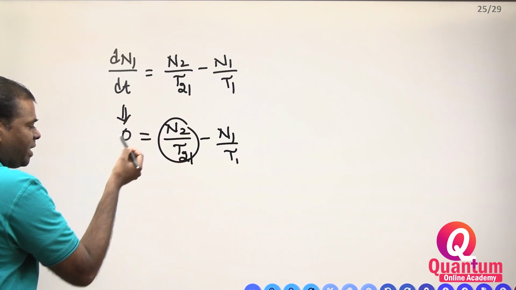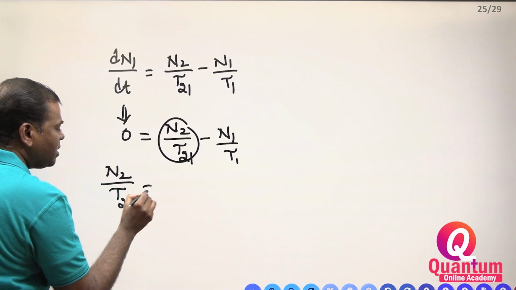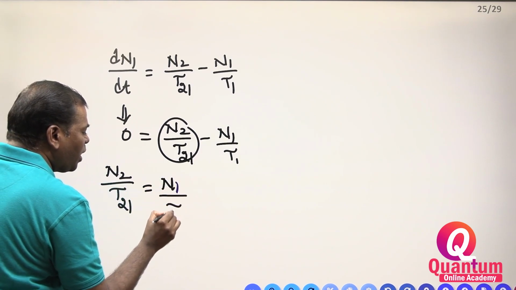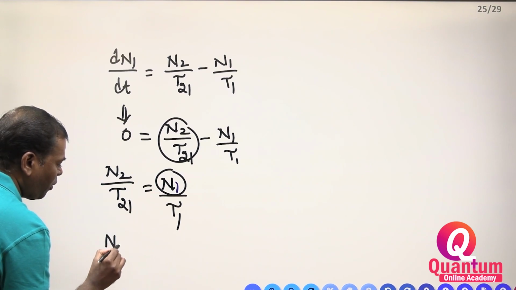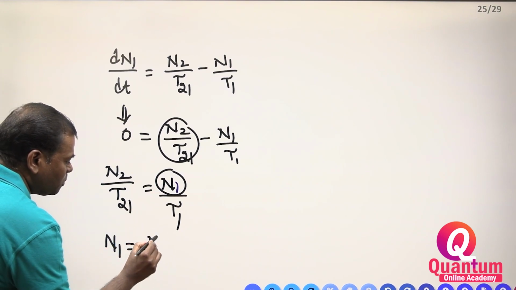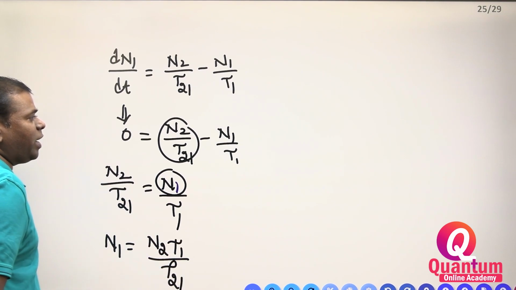Under equilibrium, dN1 by dt is equal to 0. So N2 by tau 21 is equal to N1 by tau 1. N1 is what we need. Therefore, N1 is equal to N2 tau 1 divided by tau 21.